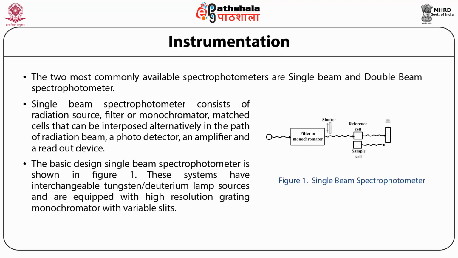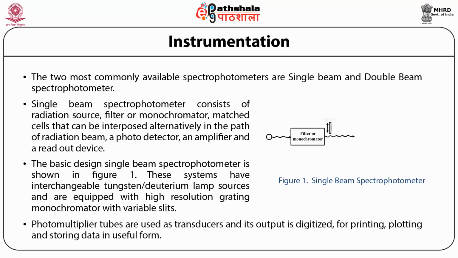The basic design of a single beam spectrophotometer is shown in figure 1. These systems have interchangeable tungsten deuterium lamp sources and are equipped with a high resolution grating monochromator with variable slits. Photomultiplier tubes are used as transducers, and the output is digitized for printing, plotting, and storing data in useful form.